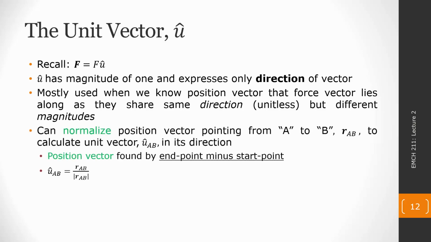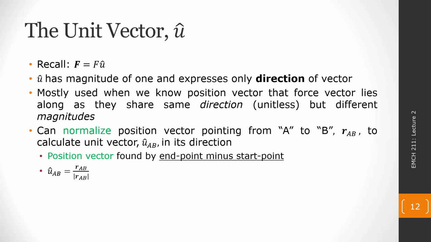So what we can do is start typically with a position vector that points from, in this example, let's generically say, A to B. So what we want to write down is vector R sub AB, which is typically how we represent it. And from there, if we know the position vector that points from A to B, we're going to be able to calculate the unit vector that passes from A to B as well.